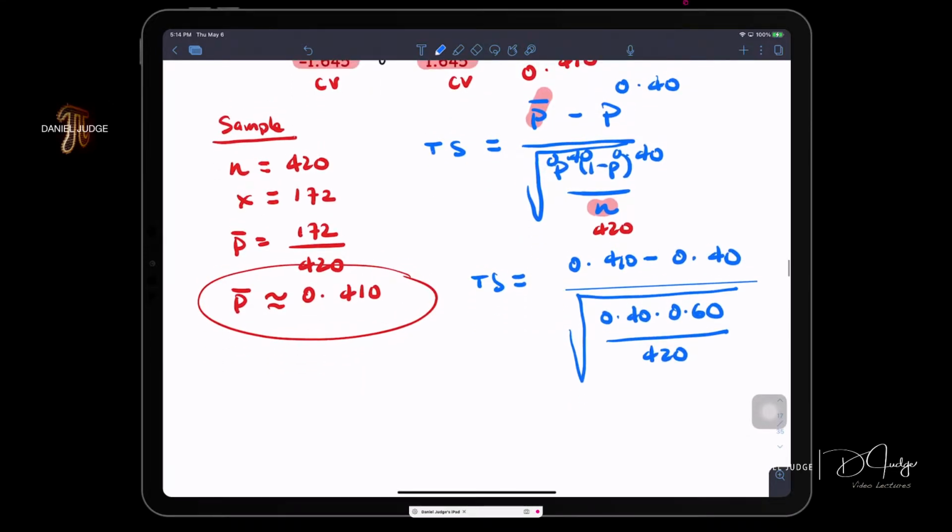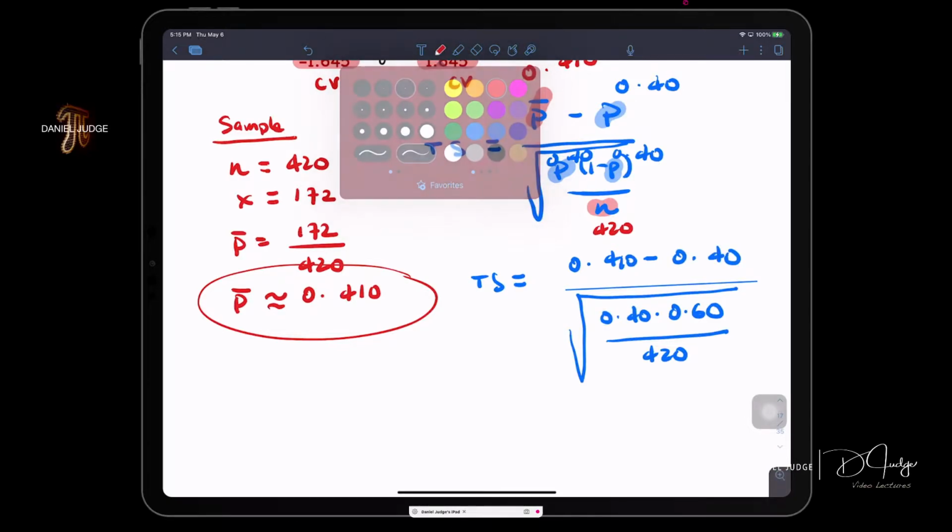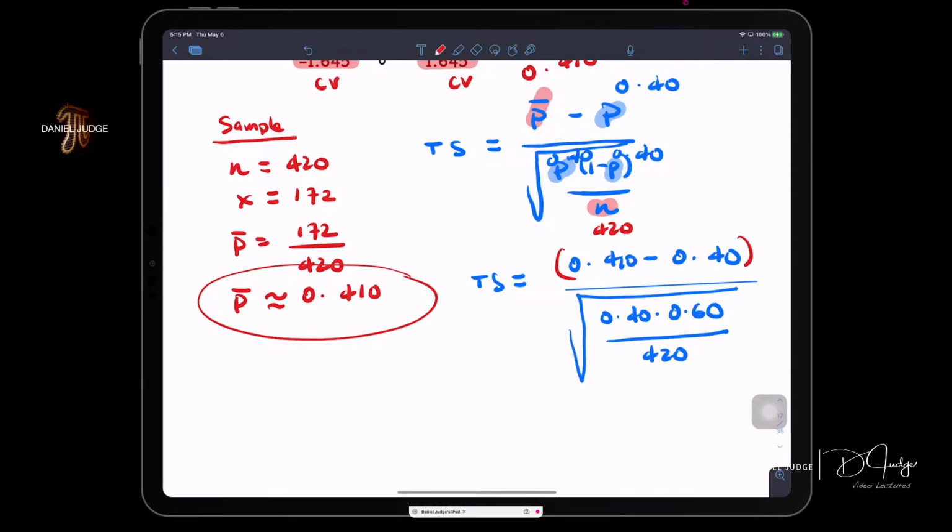The 40% goes here, here, and here, and there's the complement of 40%. And remember, when you enter this in the calculator, put parentheses around the numerator and divide by the square root of parentheses around this denominator. That'll help us with our calculator work.